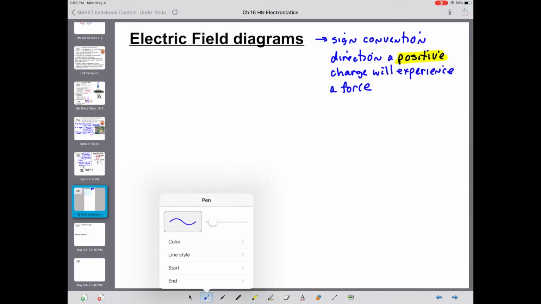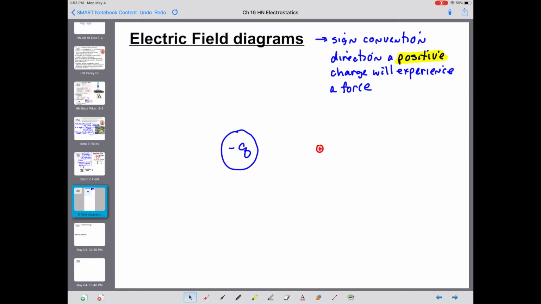So, for example, suppose I have some object here. I have an object and it has a charge of negative Q, whatever that Q may be. If I want to determine what the direction of the electric field is, I'm going to take a little positive test charge, drawing a little positive charge there, and I'm going to imagine this charge at different locations all around my object.